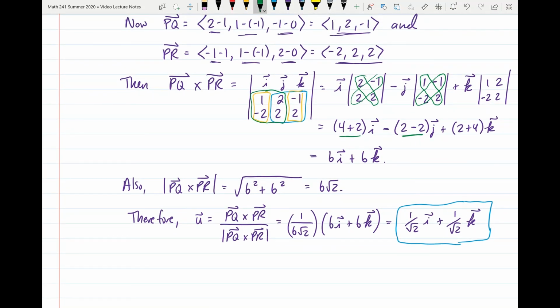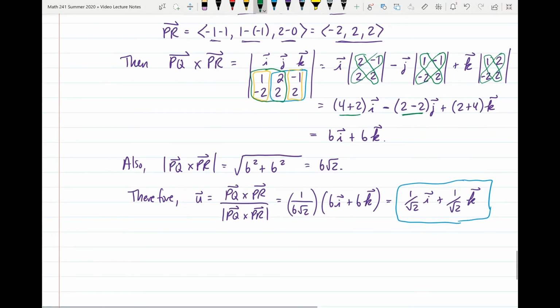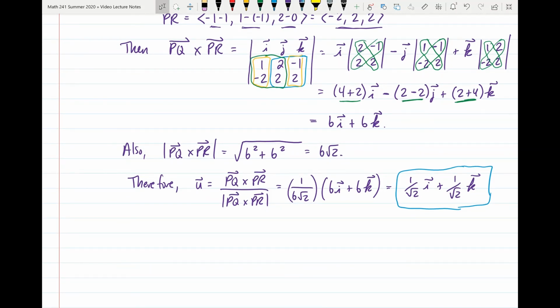And for K, for the 2 by 2 matrix associated with K here, we have 1 times 2 minus 2 times negative 2. And that will give us a 2 plus 4 for our kth component. And now doing a little bit of adding, we end up finding that the cross product in component form is equal to 6i plus 6k.